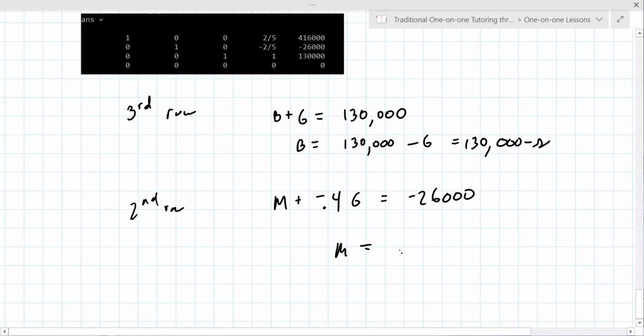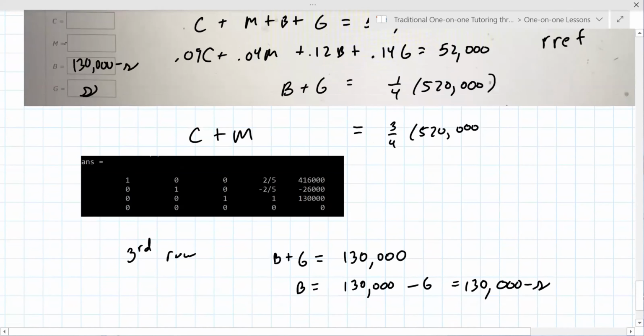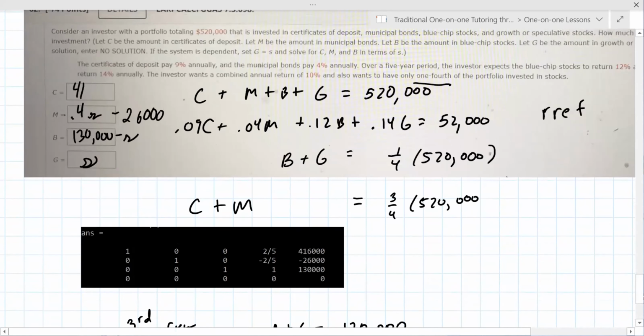M equals 0.4 G, but it's really S minus 26,000. And then similarly for the last one, it's 416,000 minus 0.4 G or 0.4 S. Got it.